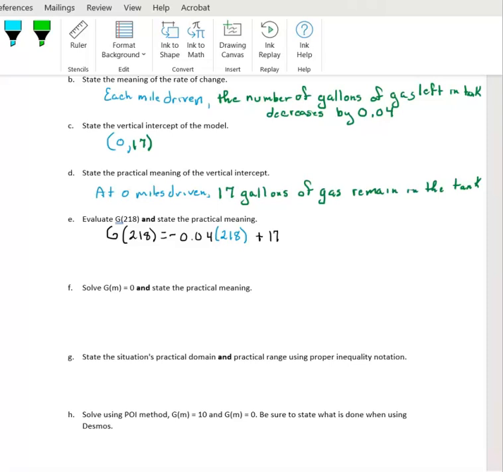When we do this calculation, we end up with an output value of 8.28. So we're going to write another statement just like we did in part B. After 218 miles are driven, 8.28 gallons of gas remain.